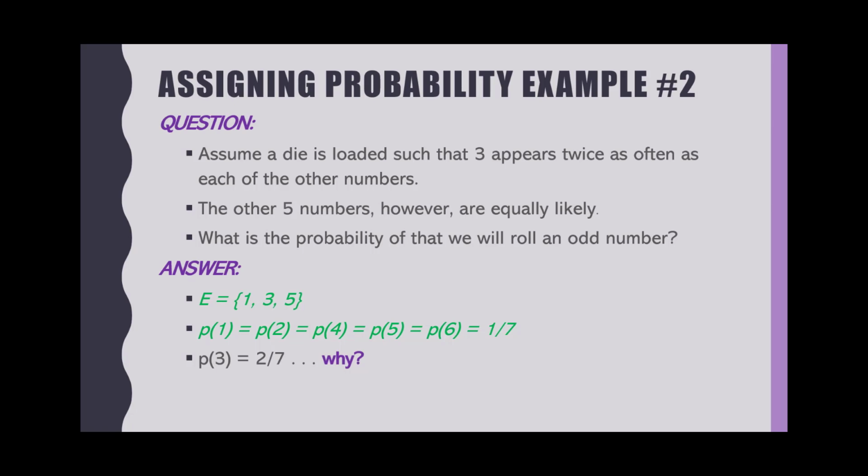That's a hard word to say 5 times in a row, right? So the probability of our event is exactly what I just said. It's 1/7 plus 2/7 plus 1/7 again. Dig it? So a total of 4/7. So the probability of getting an odd number is a little better than it would be if we did not have a loaded die, which passes the sniff test too, right?